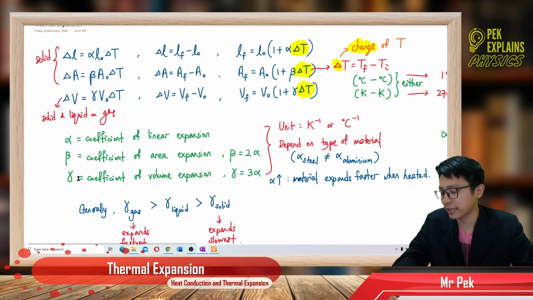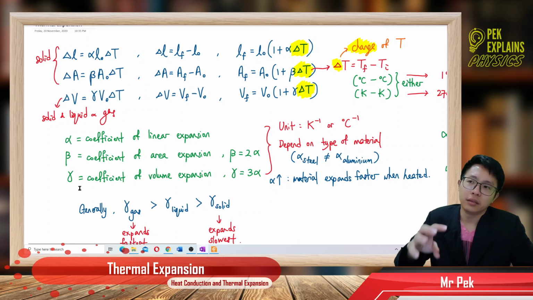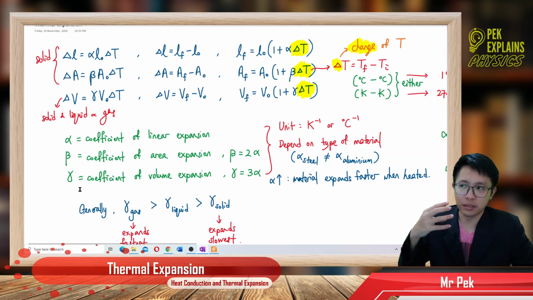So this alpha, beta, gamma only depends on the type of material. Different material will have different alpha, beta, gamma. They talk about the ability of that material to expand.